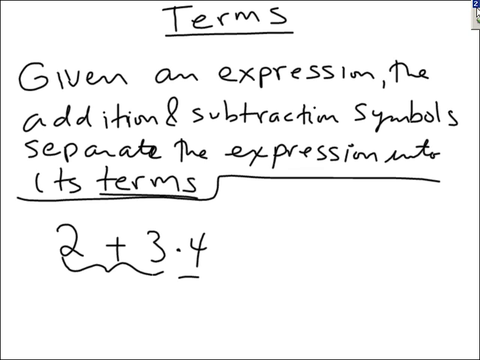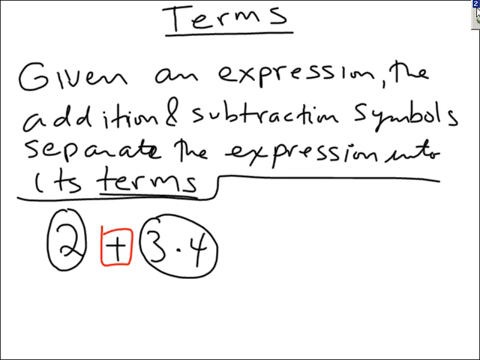The problem is what I have written down is not 20. The addition symbol right here separates this expression into two terms: 2 and 3 times 4.